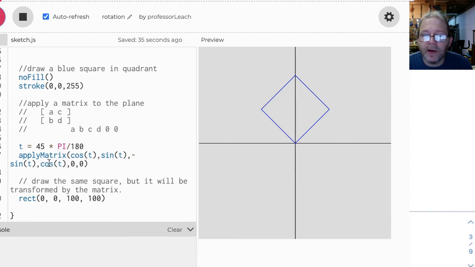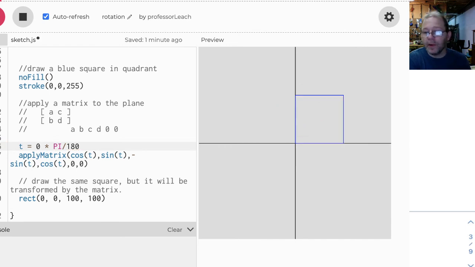And the apply matrix I've got down here, I put in cosine, sine, sine, and cosine. Notice this one sine is negative. And I've got an angle of 45 there. If I put in an angle of 0, then it's just that square over there. And if I change this, it'll start to rotate it.